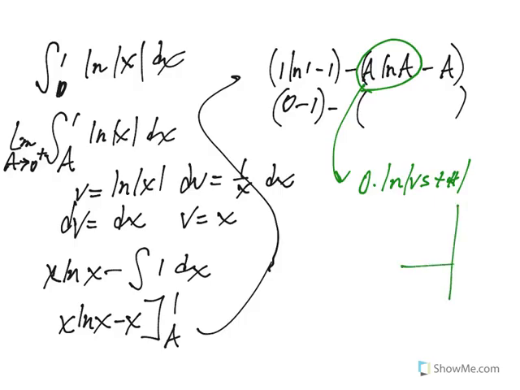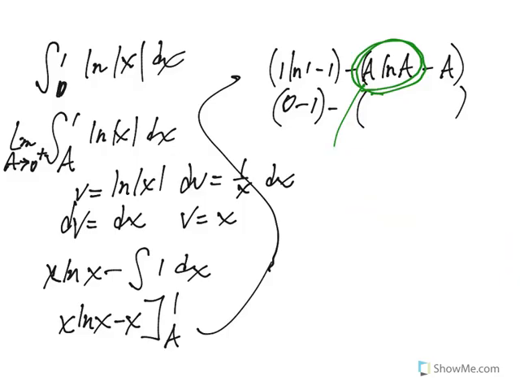If I look at the natural log graph, the natural log of a very small positive number, so approaching 0 from the right-hand side, you can see gives me negative infinity. 0 times negative infinity, people, is indeterminate, which means I've got to do something to this green circled expression.